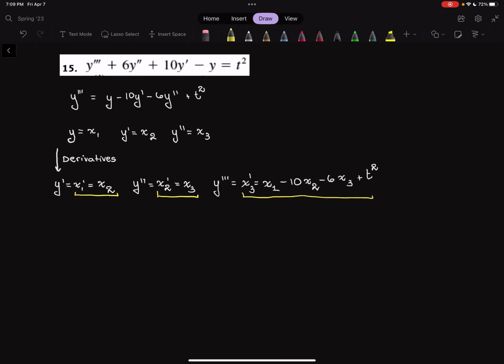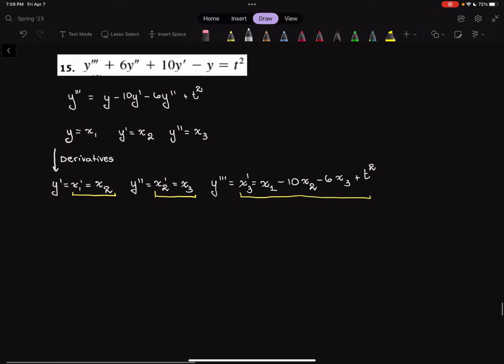Let's see if we can write this in matrix form. Well, if I were to align all of them, I would have x1 prime is equal to 0x1 plus 1x2 plus 0x3. What about x sub 2 prime?